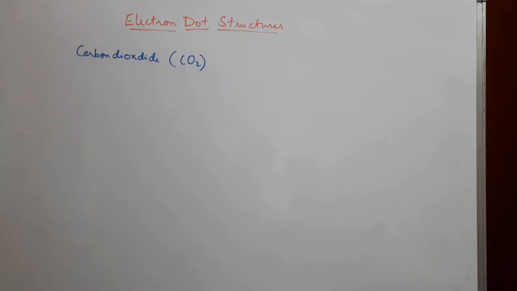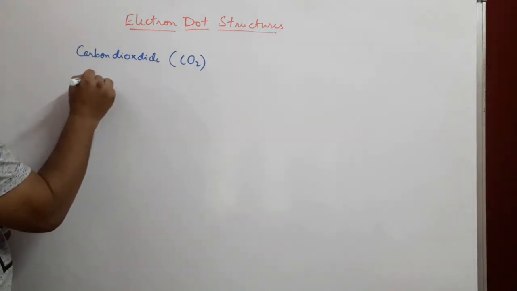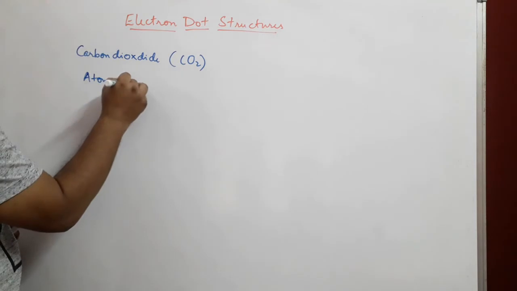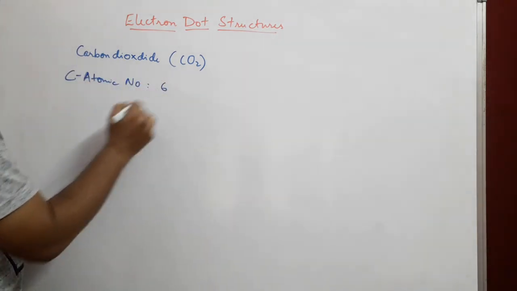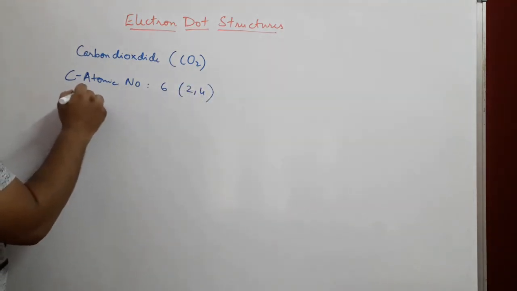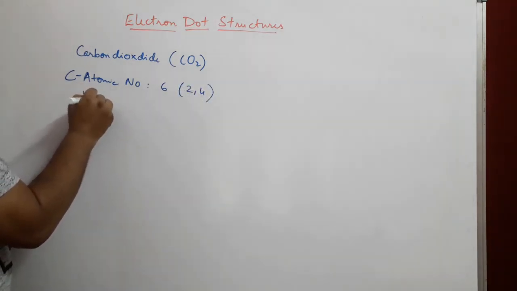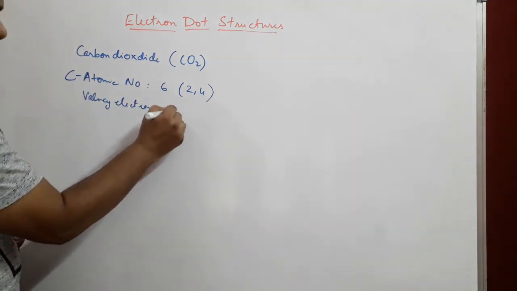Our next compound is carbon dioxide, CO2. So if we list down the atomic number of carbon, carbon is 6, which means it is 2, 4 electrons in the valence shell. So valence electrons equal 4.